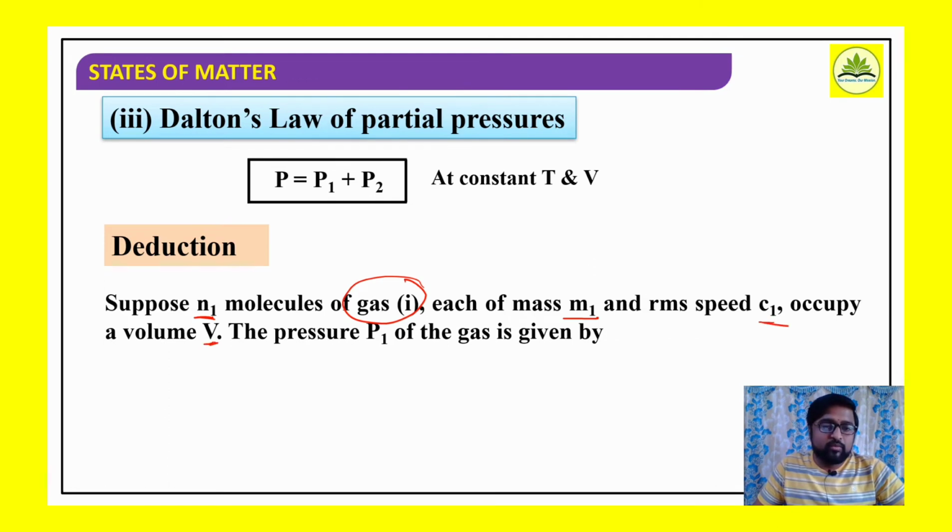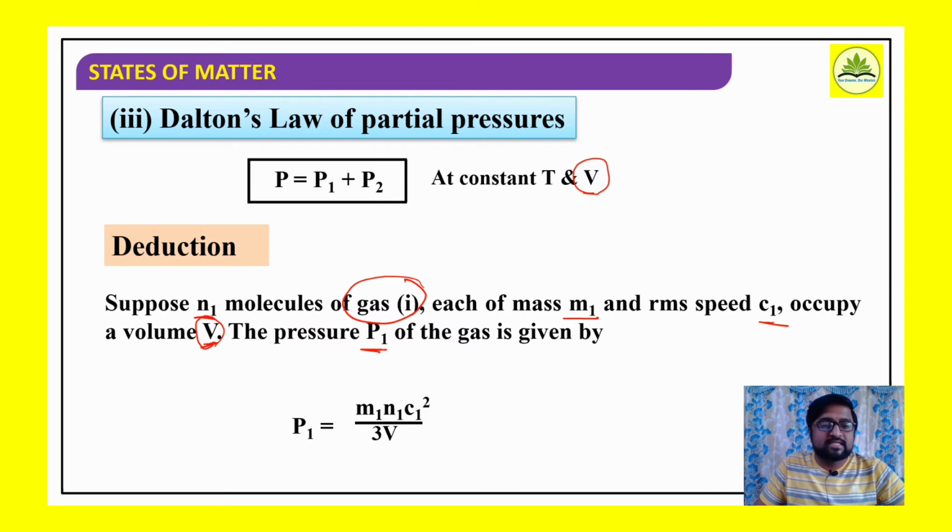They occupy a volume V. Since volume is kept constant, this gas occupies a common volume. The pressure of this gas is P1, given by P1 is equal to M1 N1 C1 square divided by 3V.